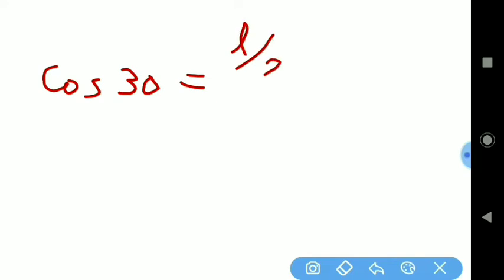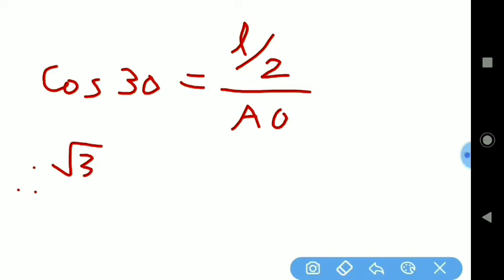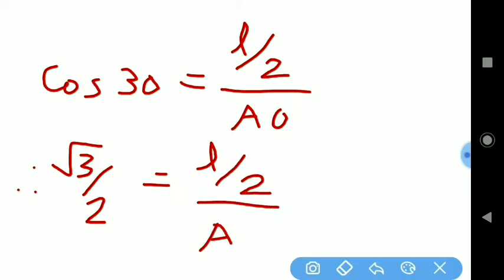So we obtained cos 30 is equal to L by 2 upon AO. Now cos 30 is root 3 by 2, which is equal to L by 2 upon AO.